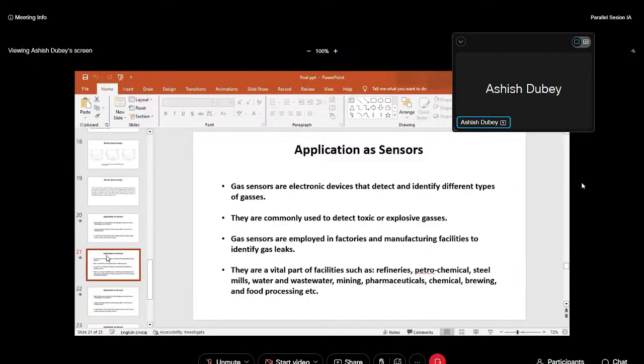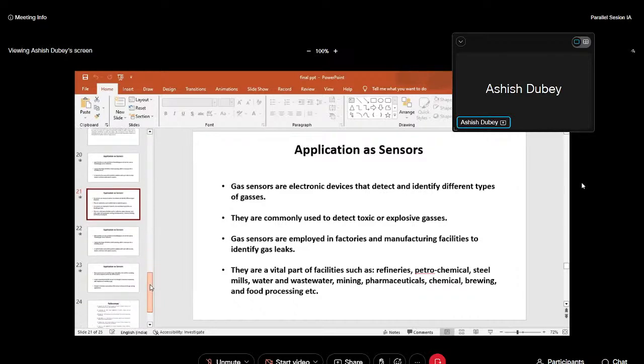If the pores of the material are equal to the size of the ionic radii of the carbon monoxide molecules, these molecules will get absorbed on the surface of the material, and when that happens, the electrical resistivity of the material will change, and due to this change we can detect the gases.